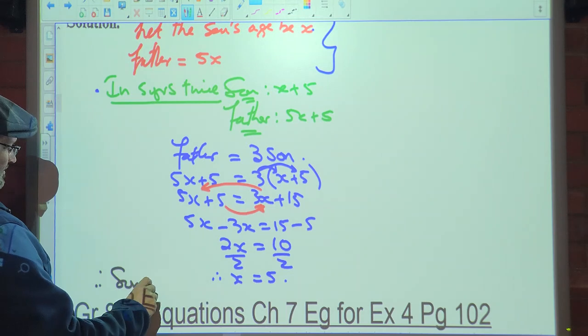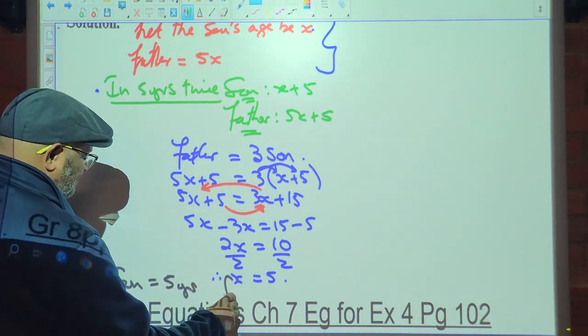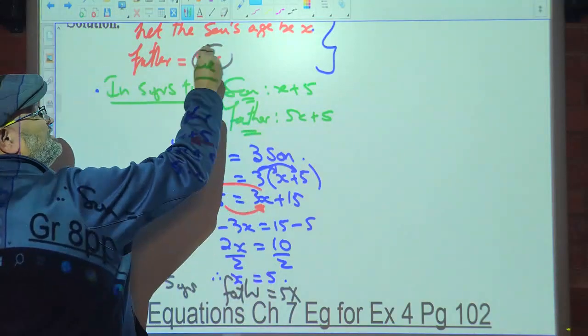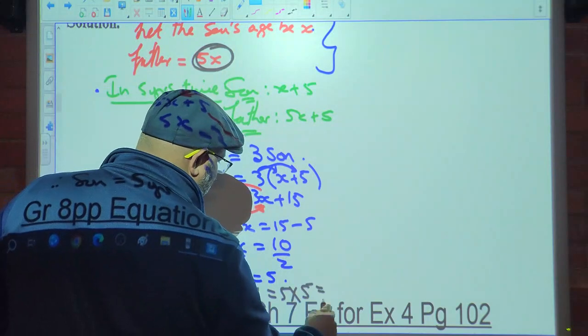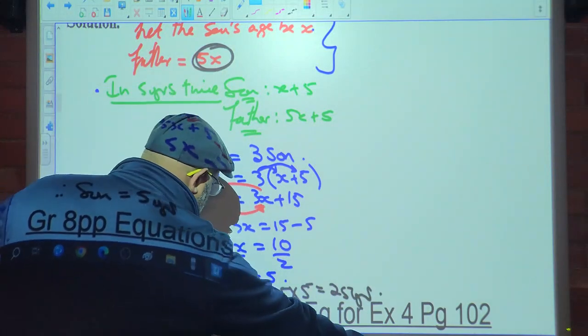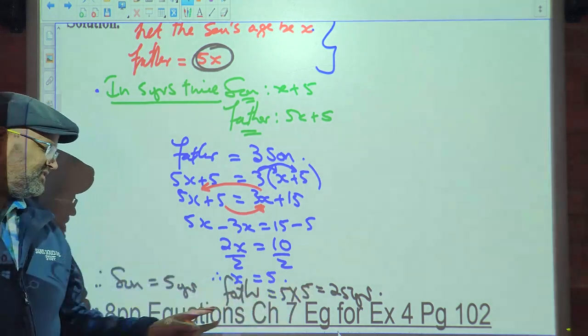Therefore the son is 5 years old. And the father, or the man, is 5 times x, as you can see here, which is going to be 5 times 5, which is 25. The father is 25 years old and the son is 5.